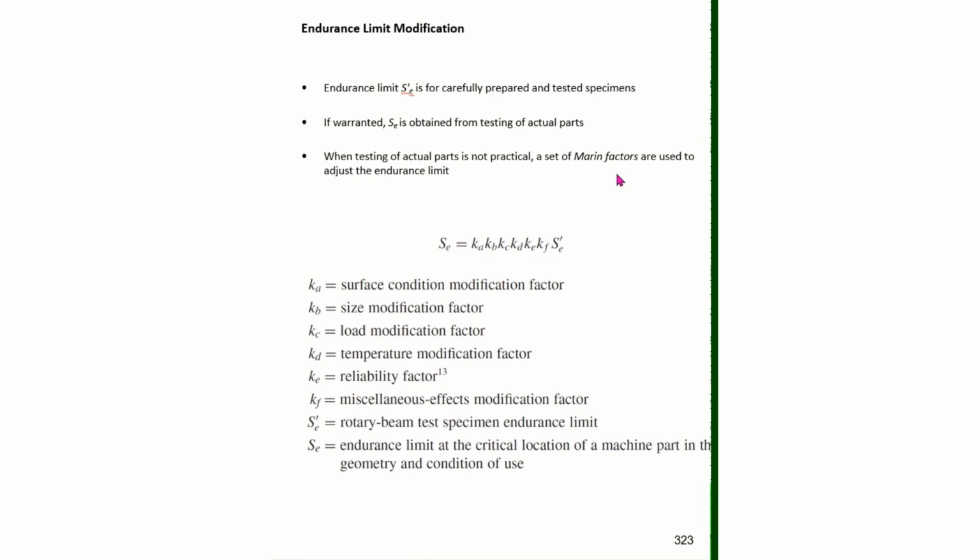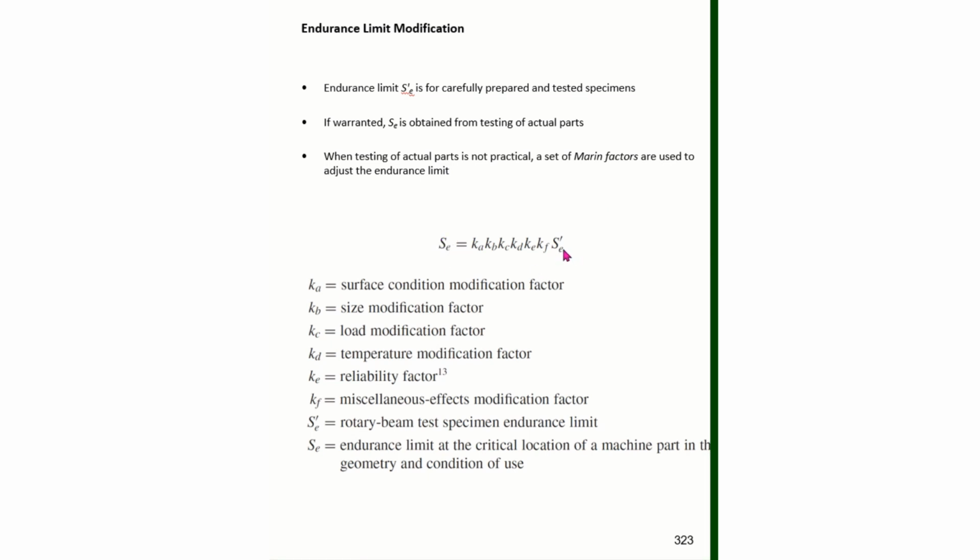Hello, and welcome to another video lecture for Machine Design ME372. In this video lecture, we are going to focus on computing the Marin factors, which are used to modify the endurance limit. We mentioned in the previous video that our modified endurance limit is called Se.